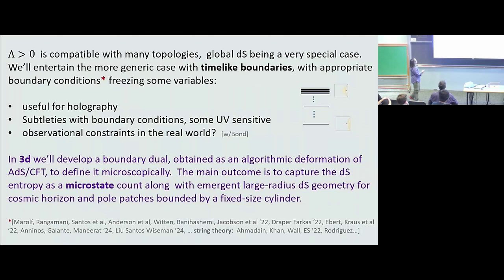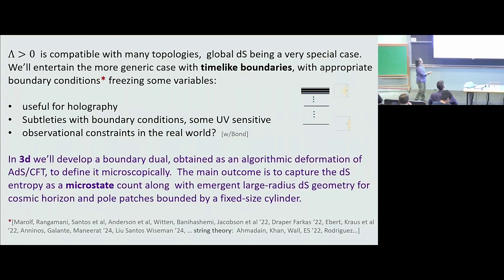Okay, so the point of this talk will be to develop what we like to think of as an algorithmic deformation of AdS/CFT, and I'll explain this, preserving the existence of the timelike boundary in the setup in such a way that we can define the timelike bounded patches of de Sitter space as certain semi-classical states in a theory whose spectrum we can calculate.